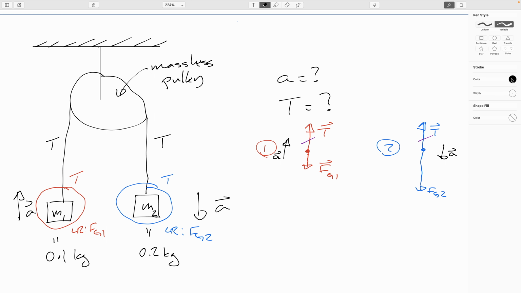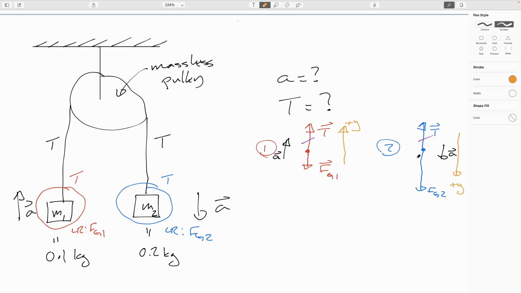So what's going to be convenient here is for each free body, we are allowed to choose a coordinate system. So for this free body, I'm going to choose the plus y direction to point up. And for this free body, I'm going to choose the plus y direction to point down. Now, why am I doing that? I'm doing that to match the plus y direction with the acceleration.